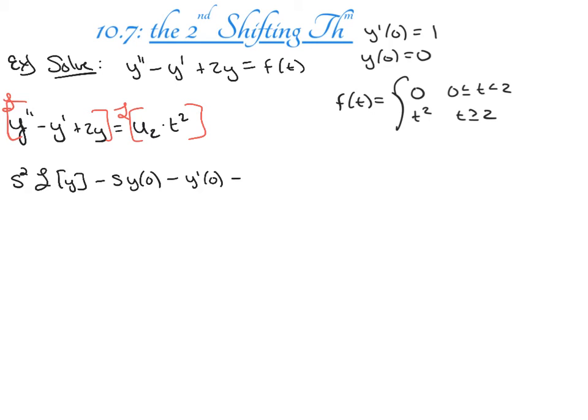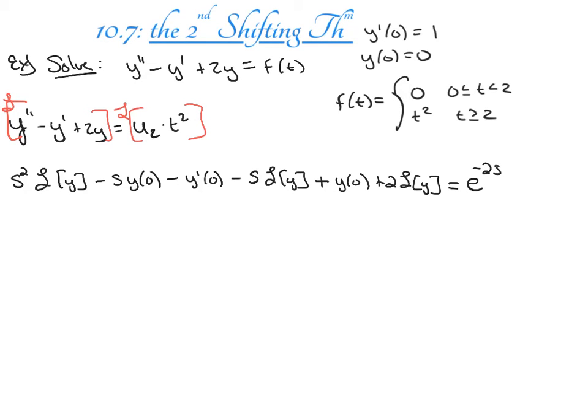Then for the minus y prime, s times the Laplace of y plus y of 0 plus 2 times the Laplace of y equals, let's see, can I fit this here? I think I can. The Laplace of the unit step function at 2 is e to the negative 2s.